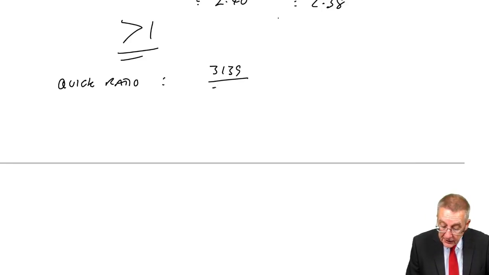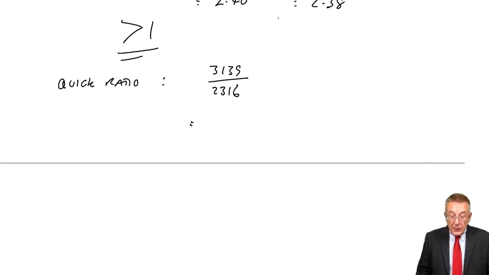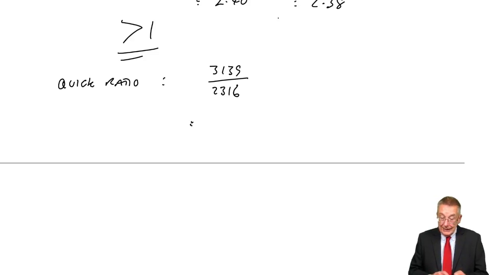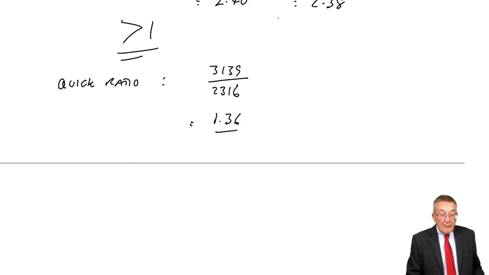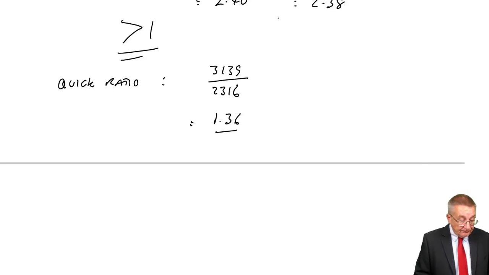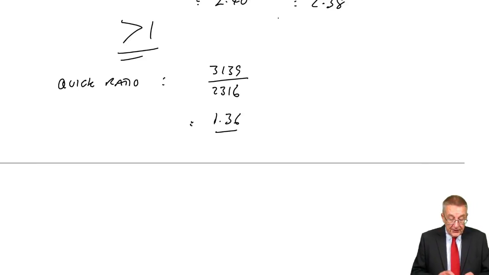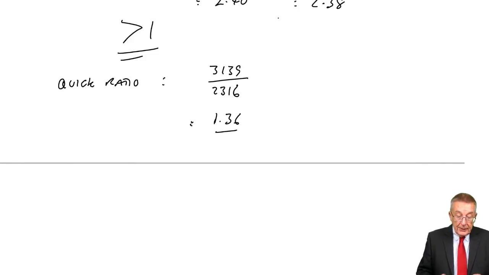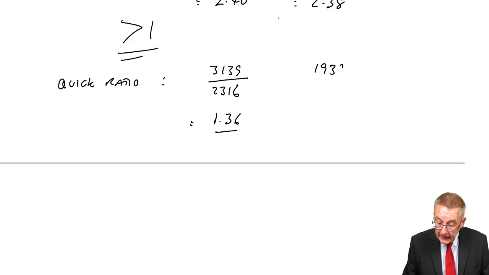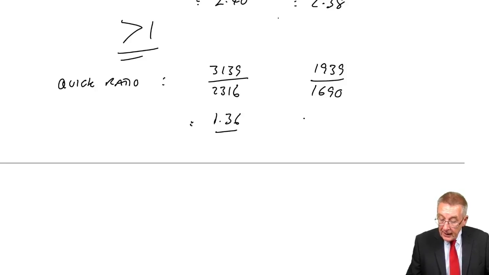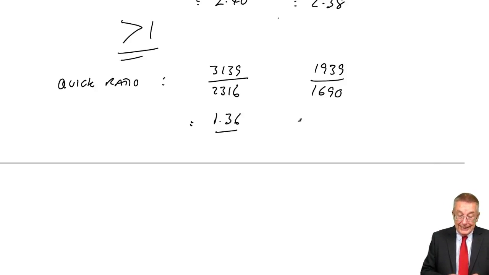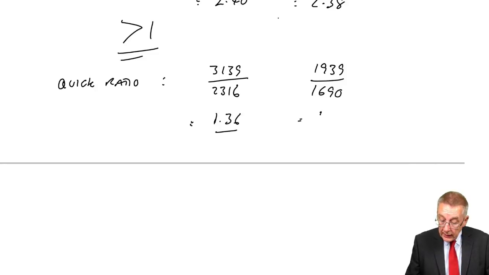We've got current liabilities 2316, and so the quick ratio, I get 1.36. And what was it last year? Receivables 1699, cash 240, so a total of 1939. The current liabilities 1690, and so 1.15.